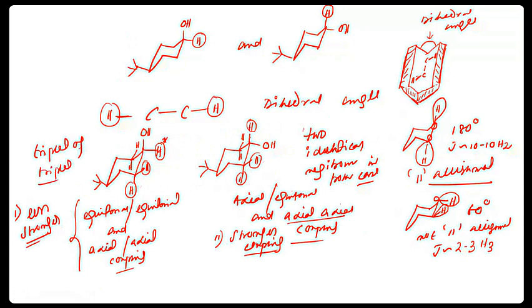Same thing here also, triplet of triplets. If this is a triplet of triplets and less strong coupling, then the triplet of triplets means we have 9 peaks. The 9 peaks will appear in a very concise manner. Just think you have 9 peaks here.